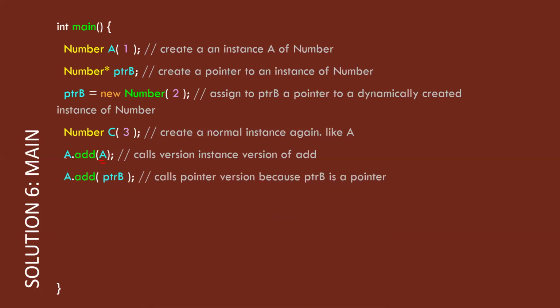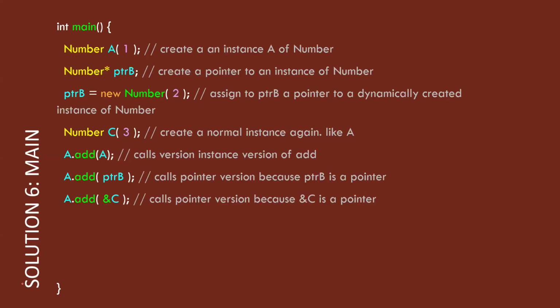If we do this, we call the other overloaded method because PTRB is a different type. So it's going to force the compiler to choose the other method, of course, because that matches the method argument declaration, okay? Now, if I do this, let's think about that. I'll give you a moment to guess which one is being called there, okay?